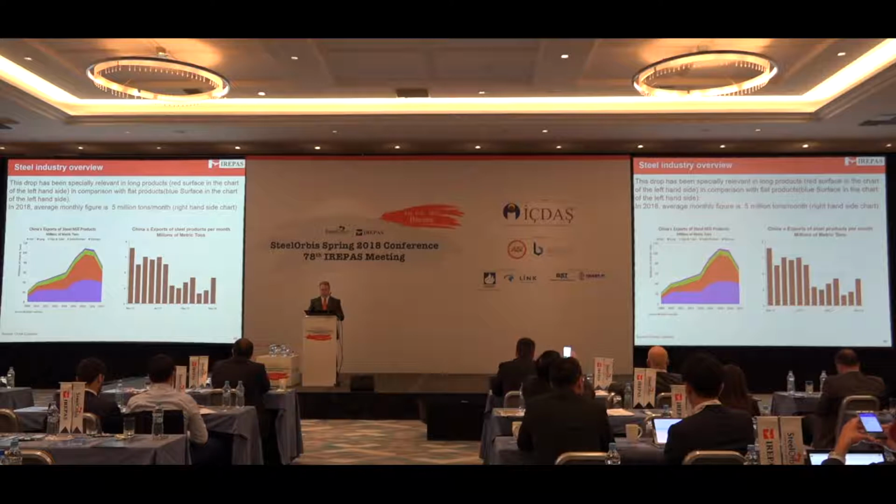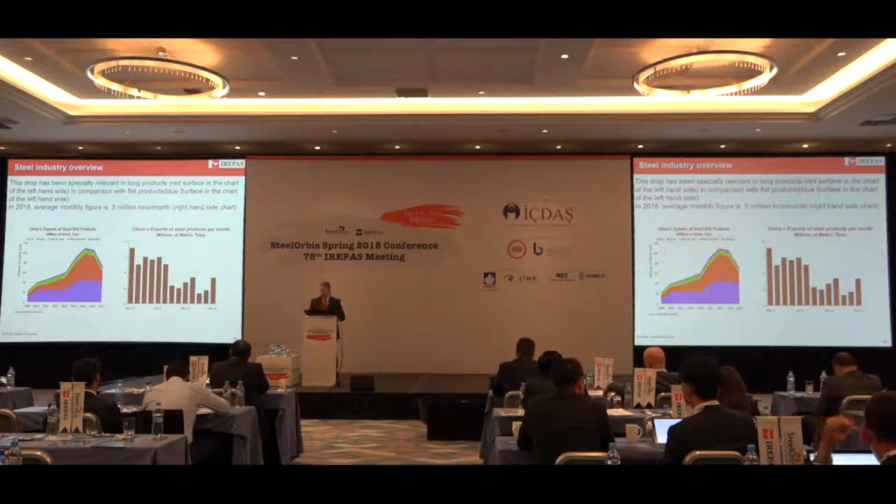You can see that the decrease of long products has been more evident with the red surface, a decrease from a trend of around 60 million tons in the year 2015, and now is slightly above 20 million tons per year last 2017.